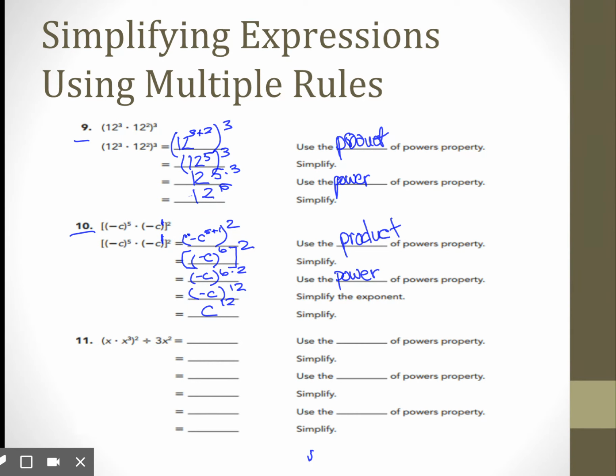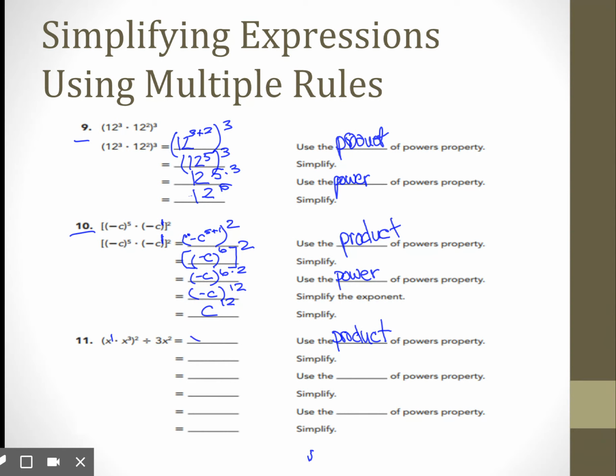All right, let's look at number 11 here. We're going to have to apply all 3 powers. Always, always, always first when applying, we are going to apply the product of powers to start. So I'm going to deal with what is in my parentheses here. X to the 1st power times x to the 3rd power.